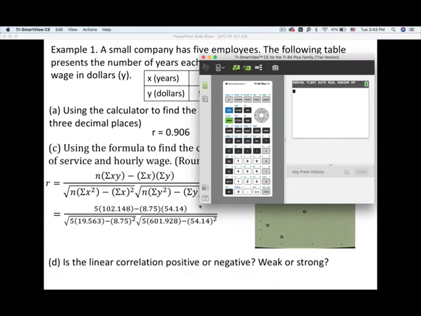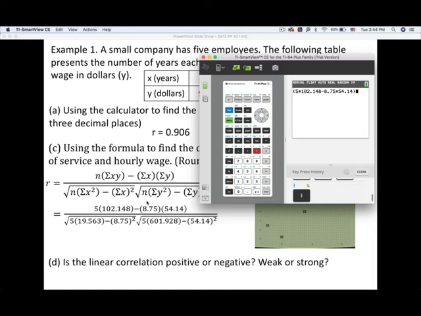Okay, now I will use the calculator to calculate this. So what we're gonna do, first, I want you guys to put the frequency on the top here. Big frequency on the top, big frequency on the bottom. So I'm gonna do frequency 5 times 102.148 minus 8.75 times 54.14. Close parenthesis.